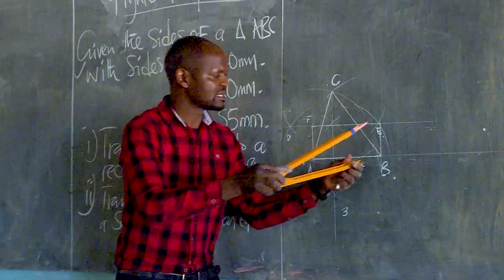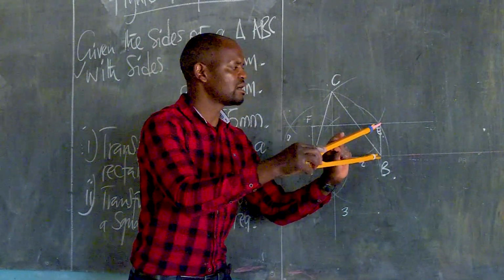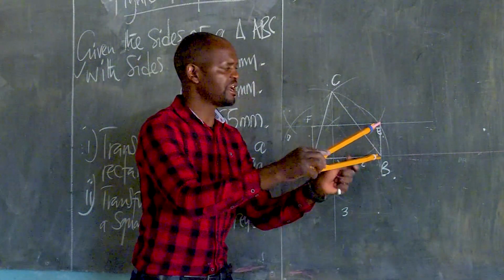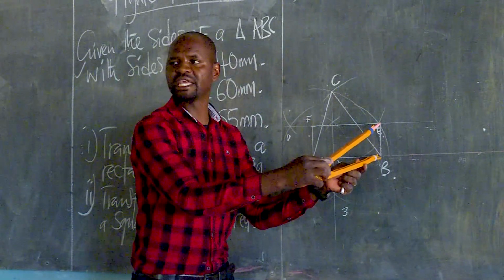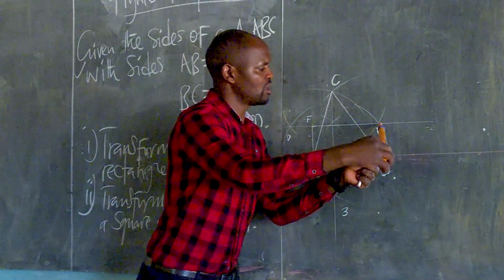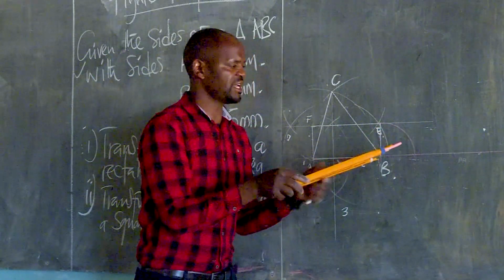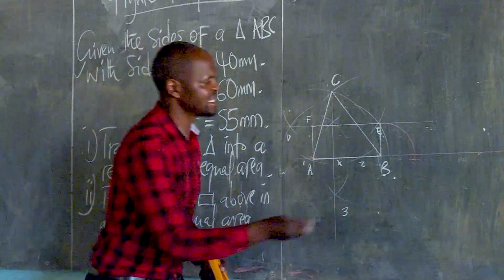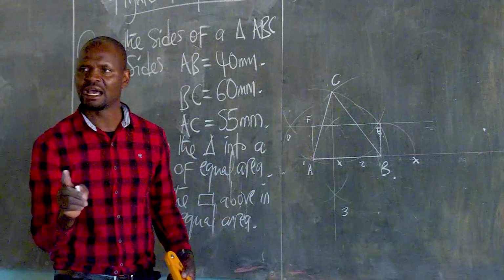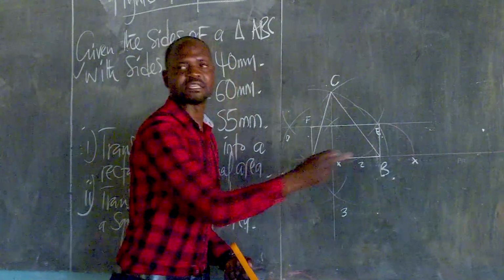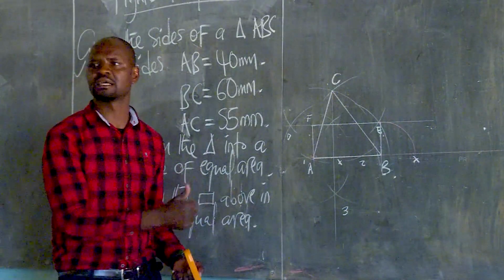So in this case, stand here on point B, then open your compass up to E. Then drop it until it meets line BA. So you draw like this. This is going to give you point X, where this arc meets. Are we together? Yes. Up to here.